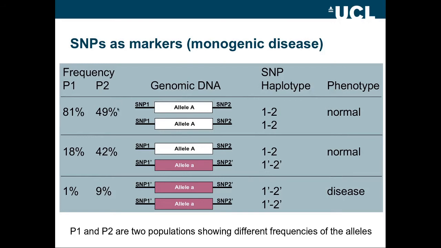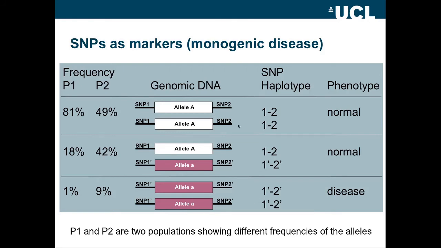In another population, however, that can change a lot. So here we have a much larger fraction of people who are heterozygous, and also a larger fraction of people who are homozygous for the disease condition.